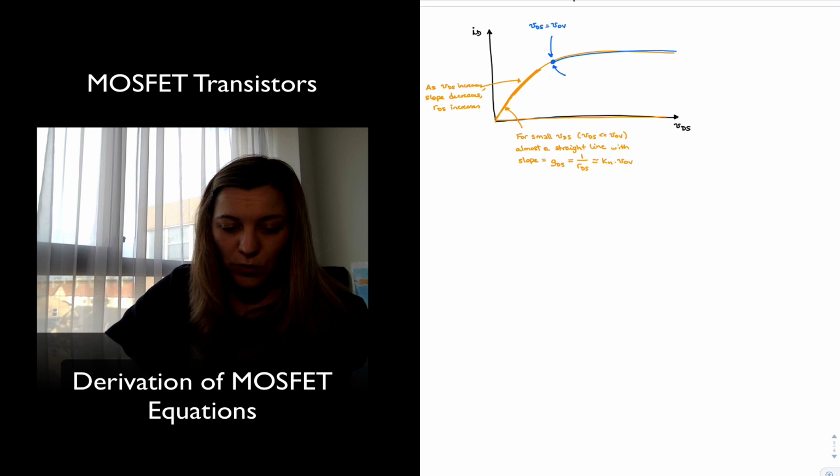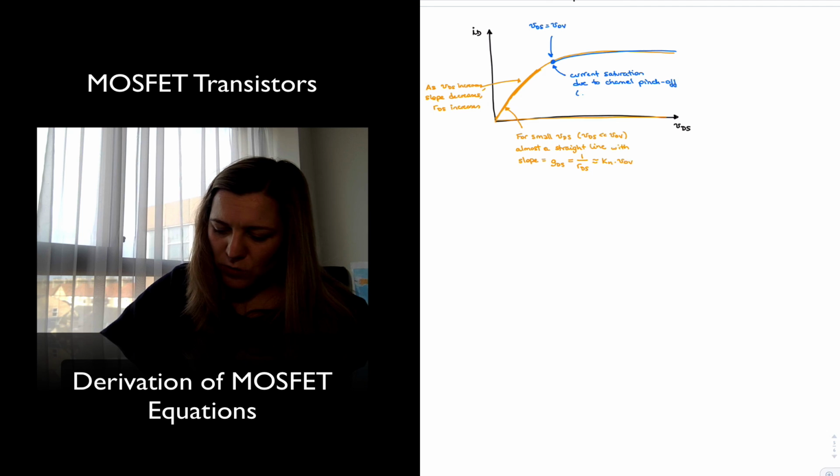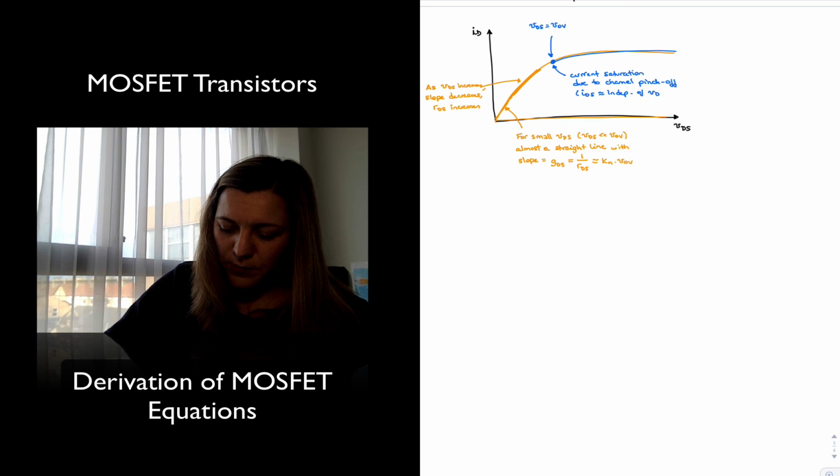And this is the point where I have current saturation, where the current becomes almost constant due to the channel pinch-off that we have talked about. Basically IDS is approximately independent of VDS.